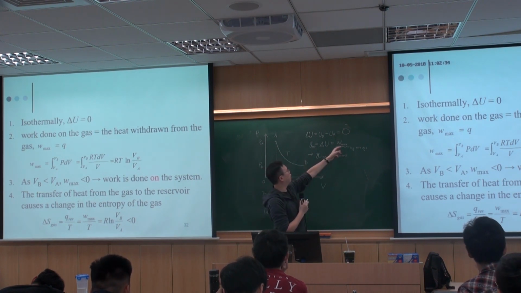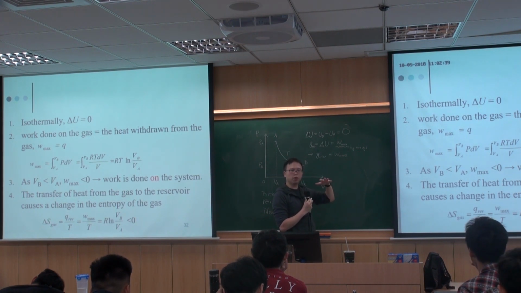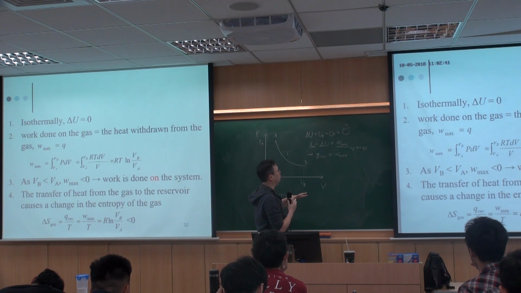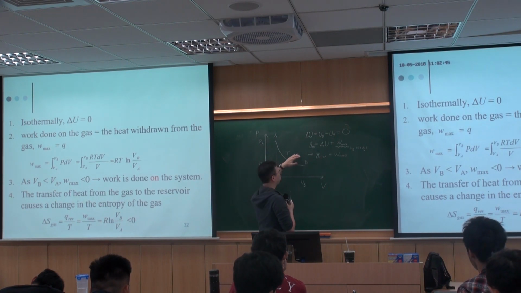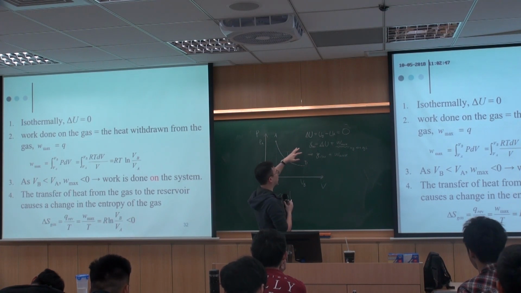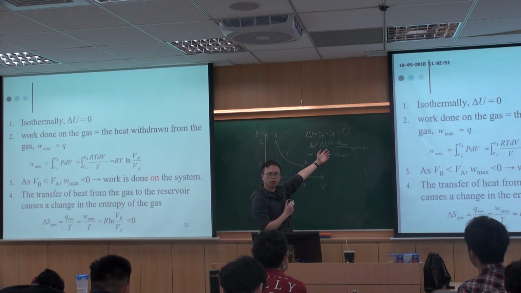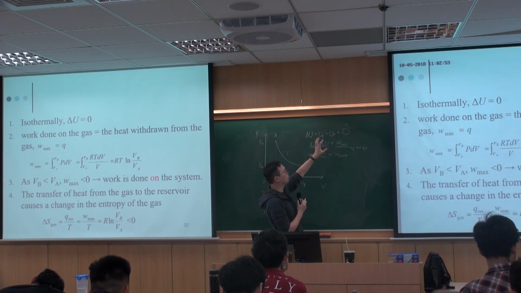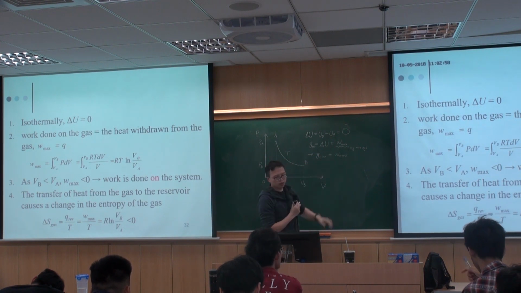However, if you have a negative number, then you know that the outside is doing the work on the system. Okay, so it depends on the convention. If you're from the chemistry department, they typically use a minus sign, I don't know. Or when you learn general chemistry, maybe you have a minus sign. But please bear in mind that in this textbook, typically it uses plus sign.